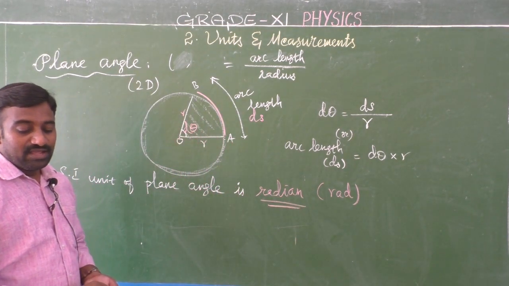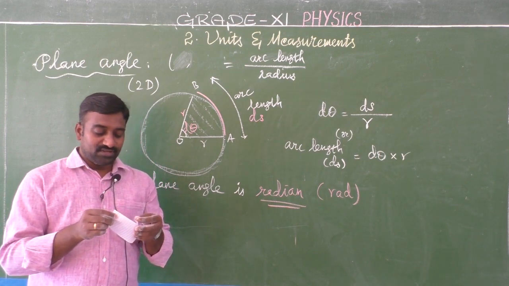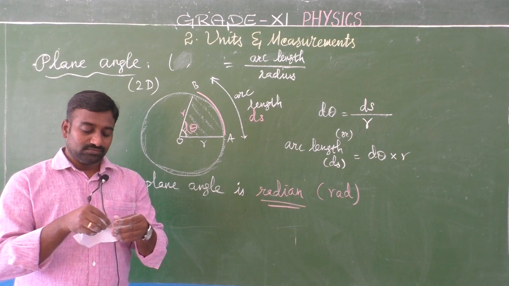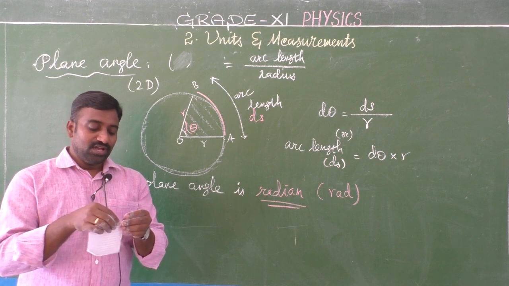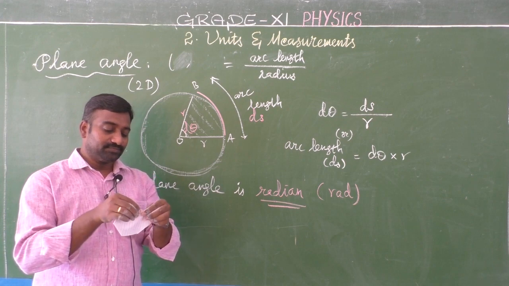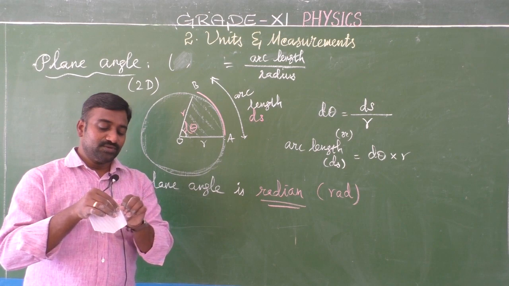I repeat once again, plane angle is very simple. We have a sheet of paper, which is a square shape. Now I made this paper into a circle.